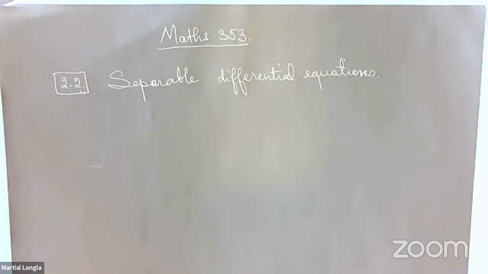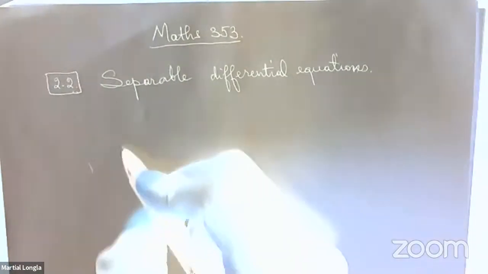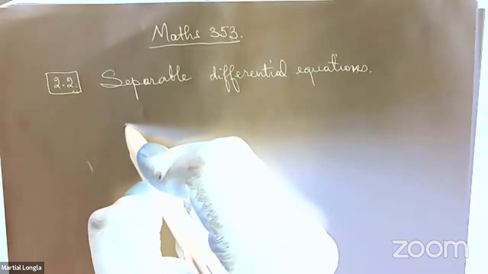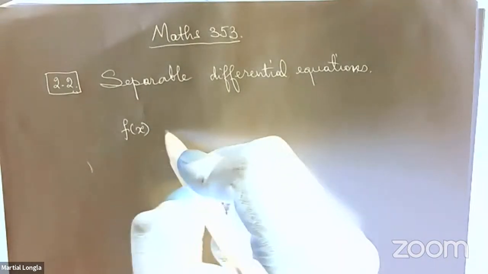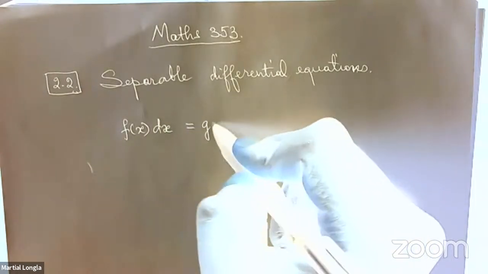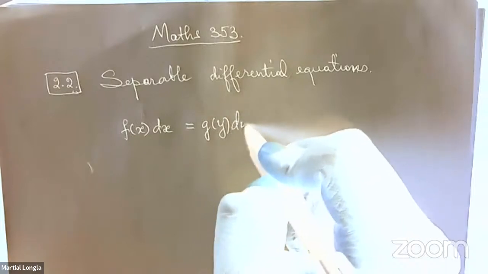Now, what do we call a separable equation? What we call a separable equation is an equation that we can write in the form f of x dx equals g of y dy.